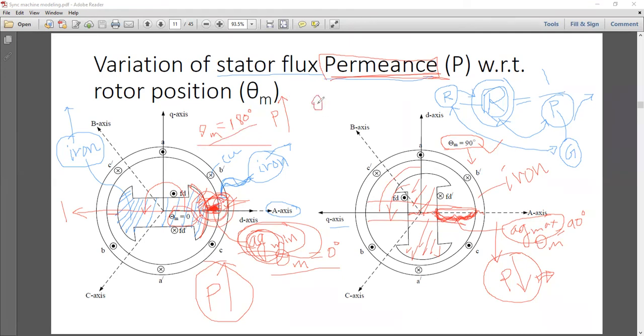Then at another 90 degrees, that is 270, your rotor will be along this line, the d axis will be along this line, so again P is minimum. That is a very interesting feature. Now, can anyone tell what will be the trigonometric function to represent this variation?